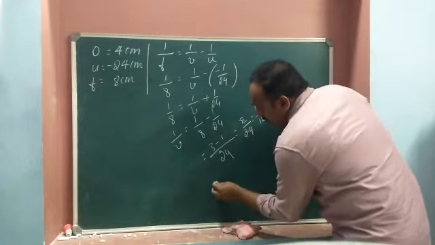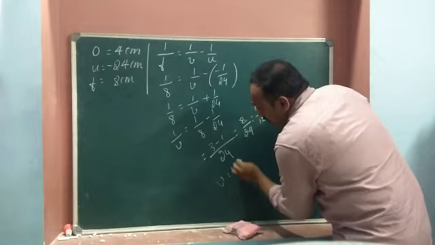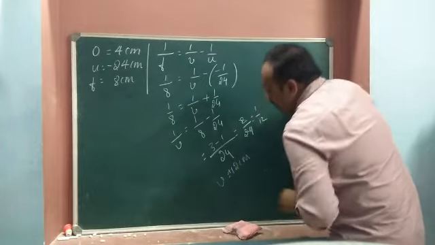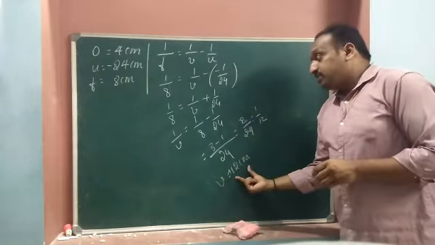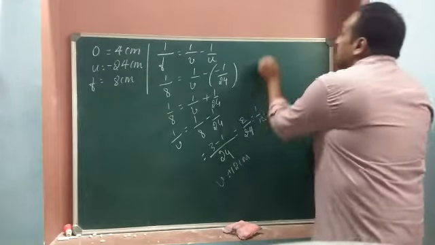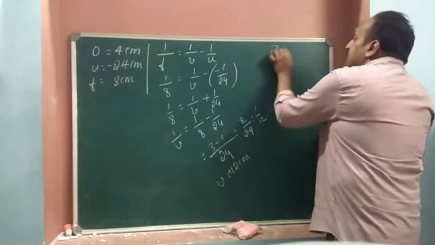So the value of V is equal to 12 centimeter, positive. I said very clearly, if the value of V is positive, the nature of the image is real and inverted. Is it clear?